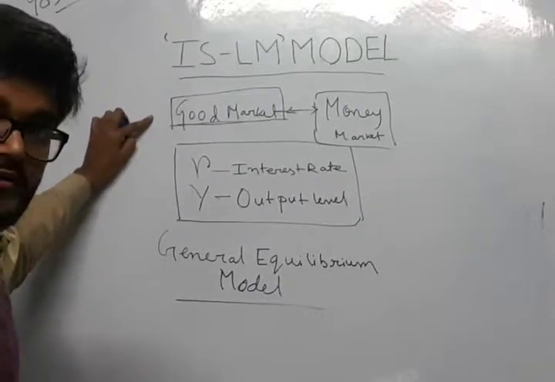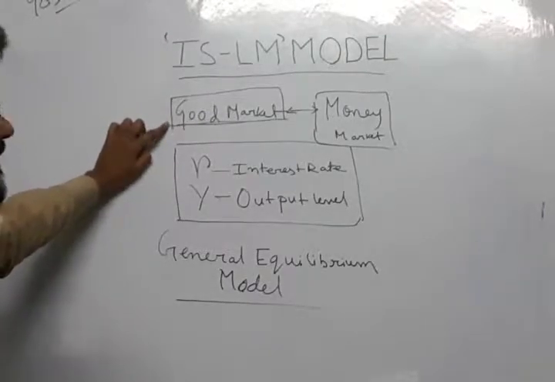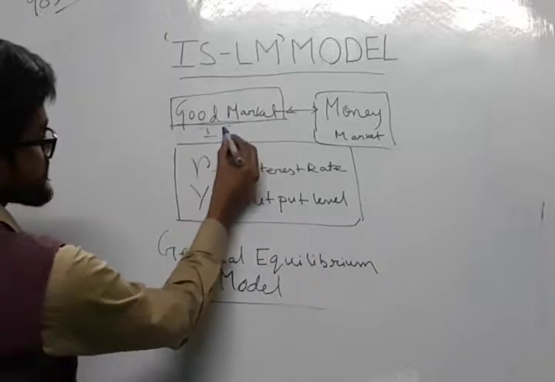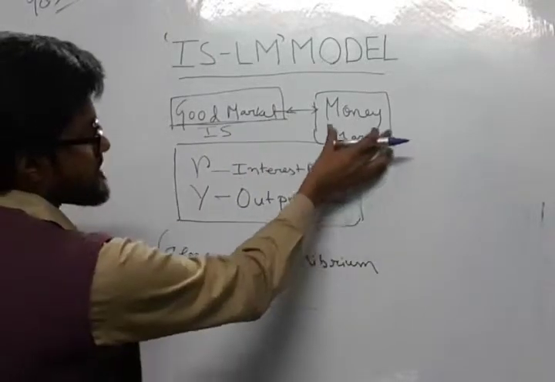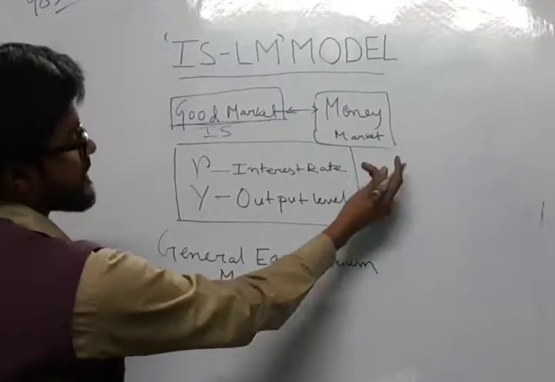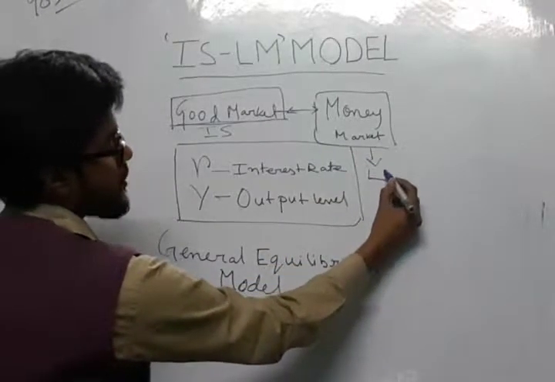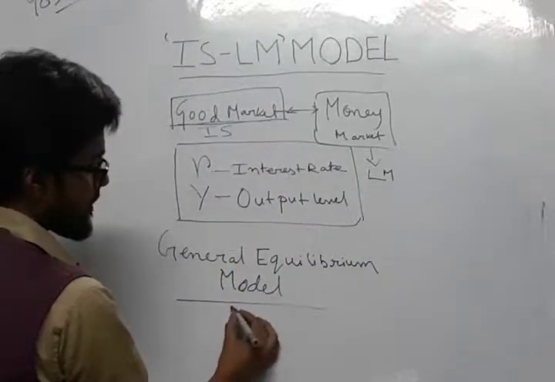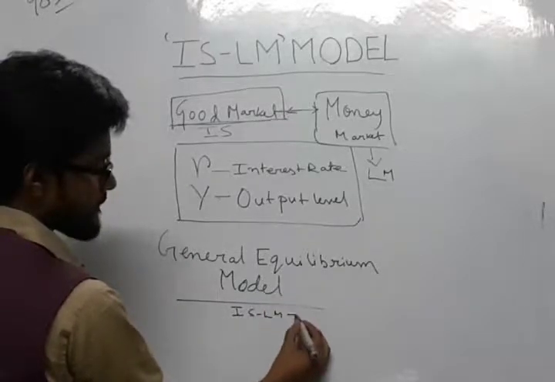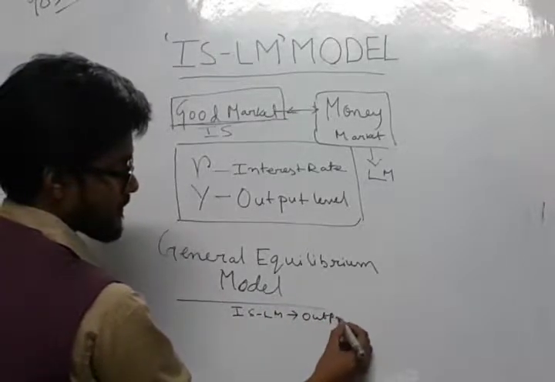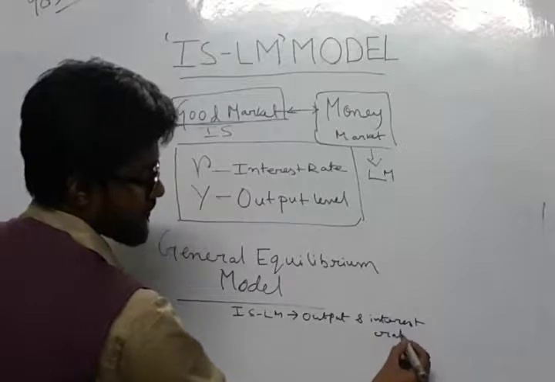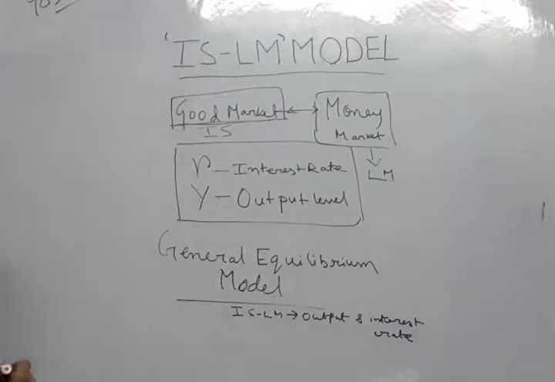Now I'll go straight into the definition of the goods market and how from goods market equilibrium we can form the IS curve. Then we'll show what money market equilibrium is and how from the money market we can draw the LM curve, and then we'll show how these two interact with each other to give the general equilibrium level of output and interest rate.